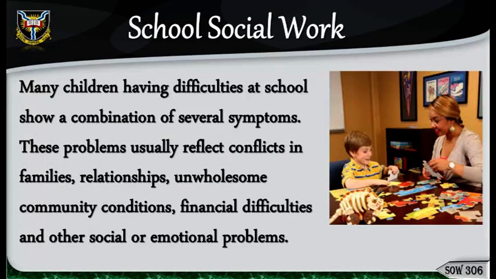Many children having difficulties at school show a combination of several symptoms. These problems usually reflect conflict in families, relationships, unwholesome community conditions, financial difficulties, and other social or emotional problems.